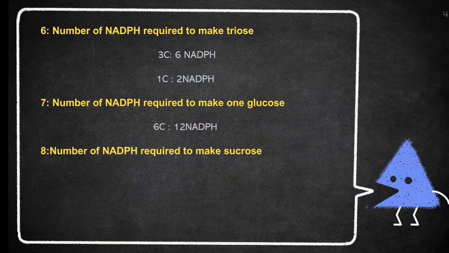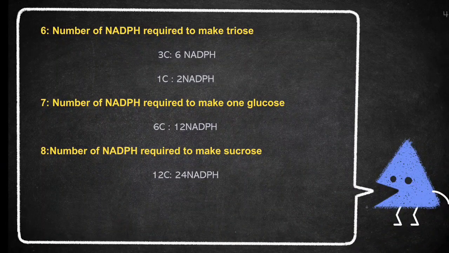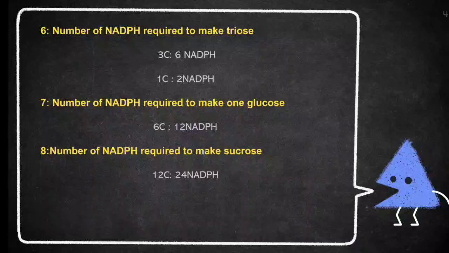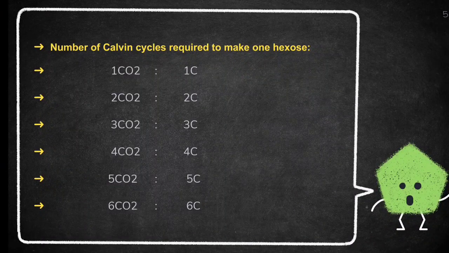So you will multiply 12 with 2. So there will be 24 NADPH. Got it? In case of ATP, multiply the number of carbon atoms with 3, because the ratio of carbon and ATP is 1:3. While in case of NADPH, multiply the number of carbon atoms with 2, because the ratio between carbon and NADPH is 1:2.